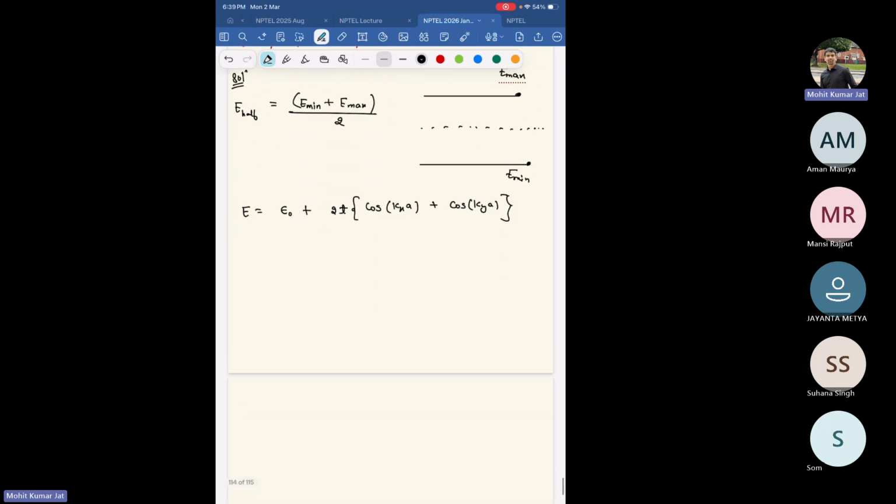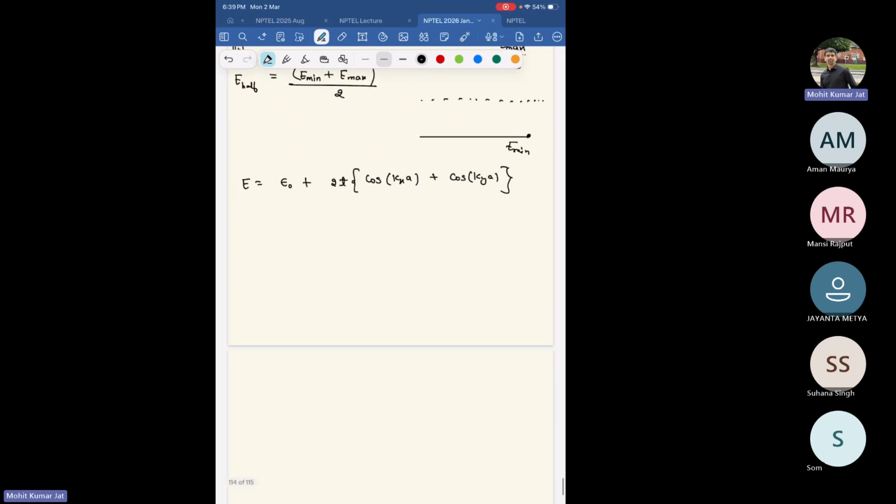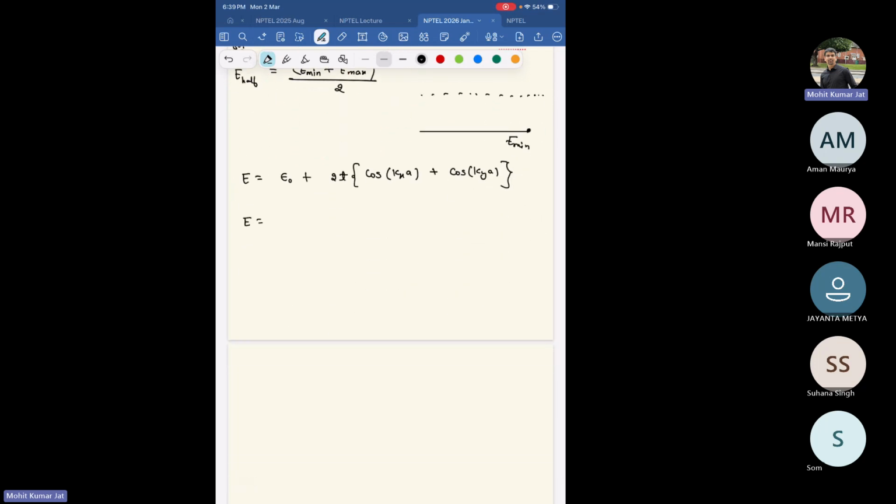Now if we substitute E naught and the value of t, what we get is 4 plus minus 2 times cosine kxa plus cosine kya.